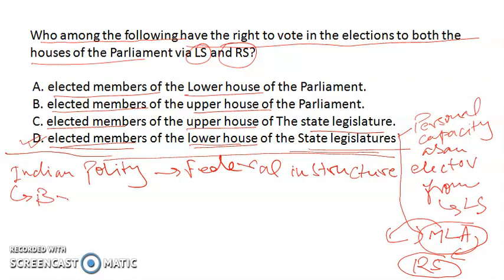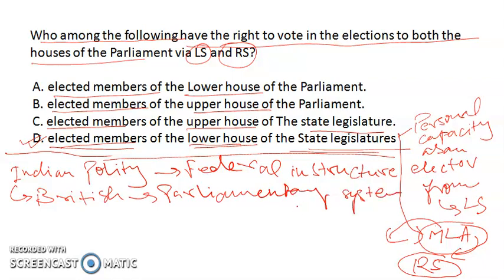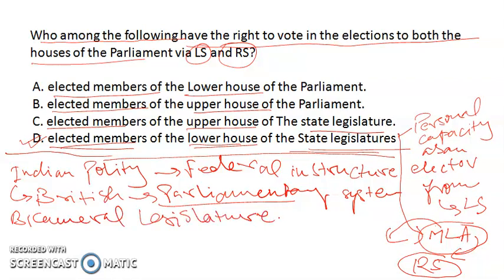The British model of parliamentary system having bicameral legislature. So the parliament in India is bicameral at the union or federal level.